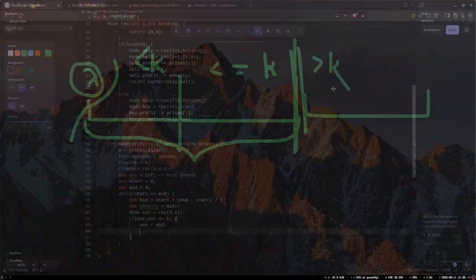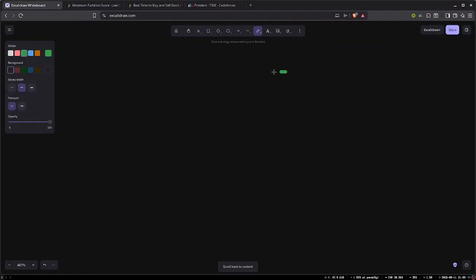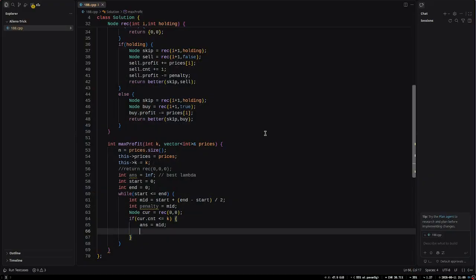So if my k is 5, I should make sure that I'm not forcing it to pick only 4 items. I would give it complete liberty to pick up to 5 items. So what I should do is decrease the lambda so that it gets a little more liberty to pick more items.